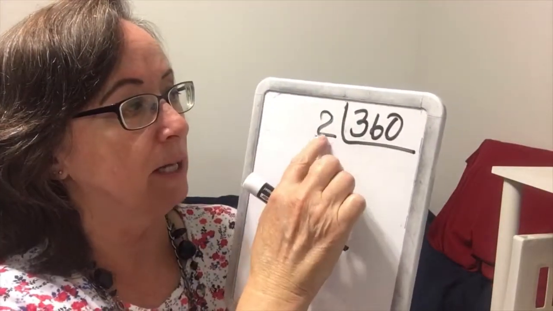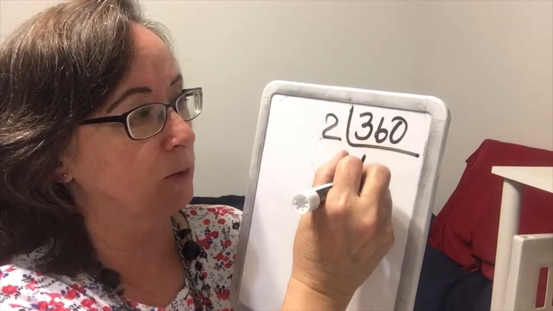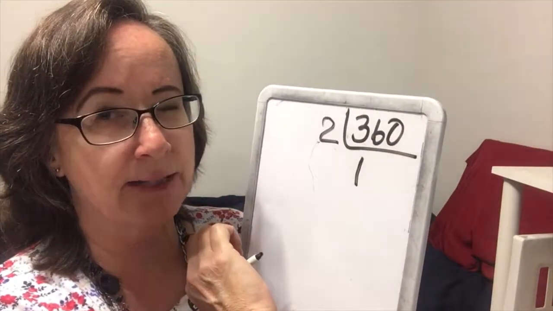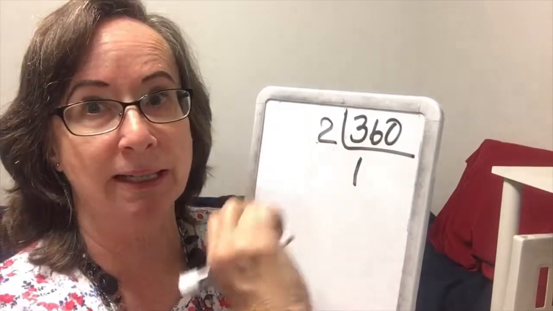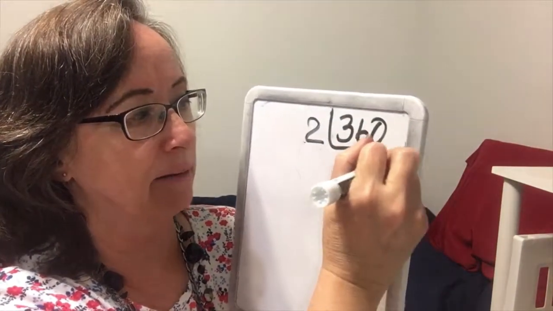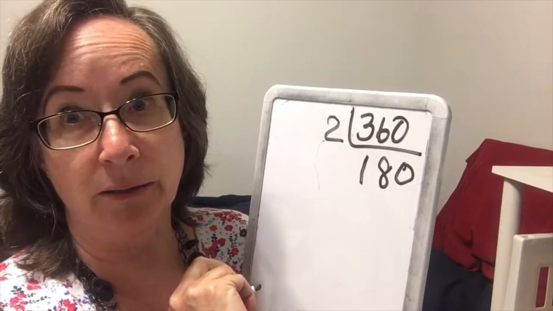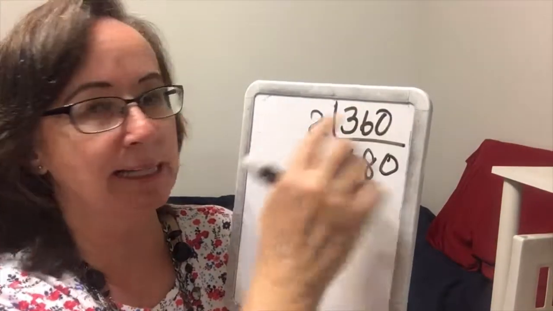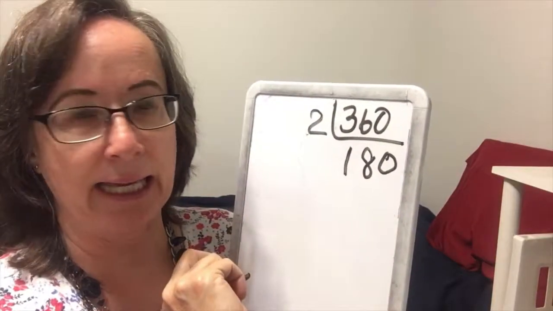And when I do, 2 into 3 is 1 with 1 left over, and the 1 goes in front of the 6 to make a 16. So 2 into 16 is 8. And then I bring down my 0, or 2 into 0 is 0, and I get 180. So when I divide 360 by 2, I get 180.